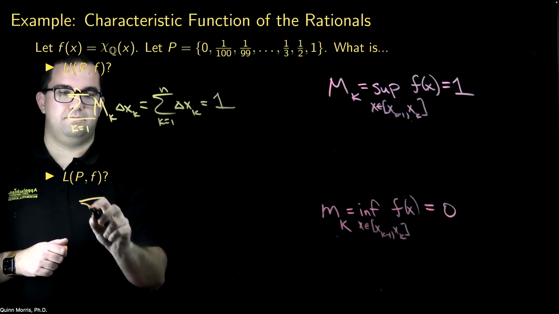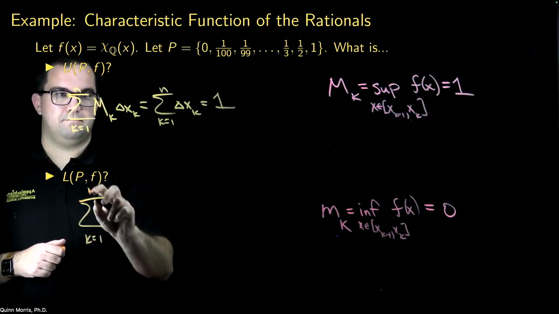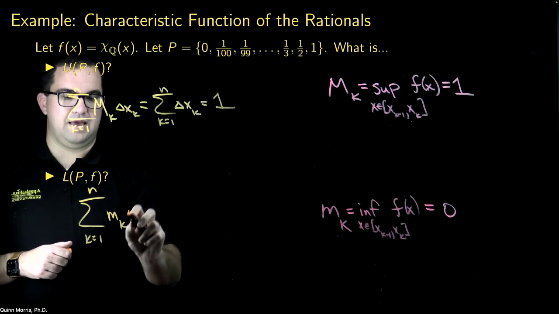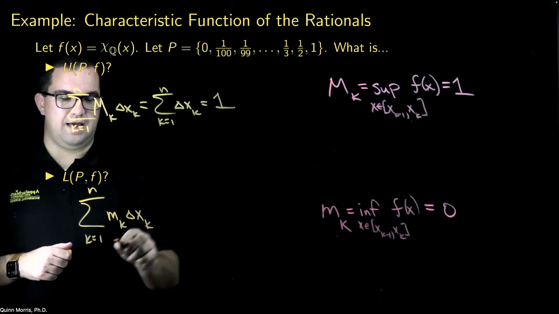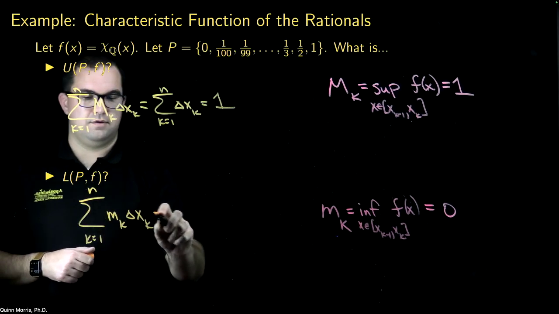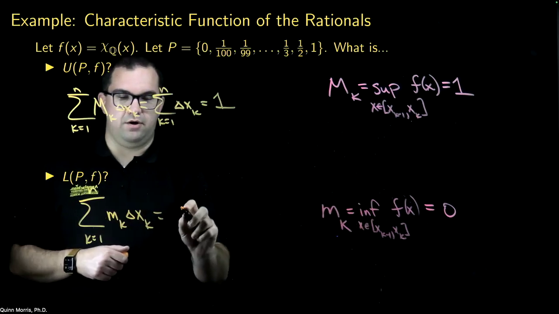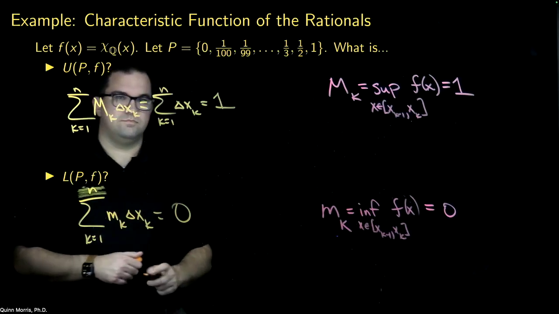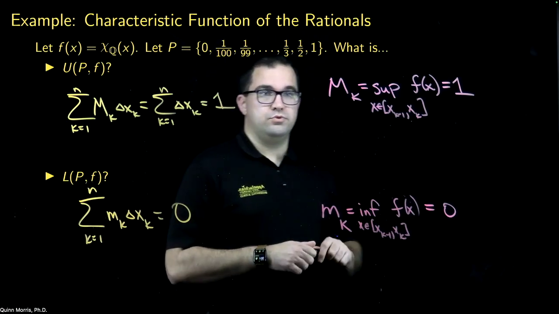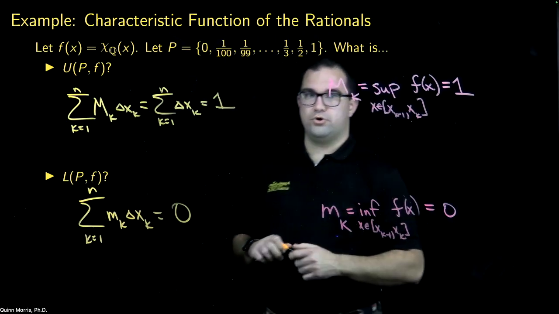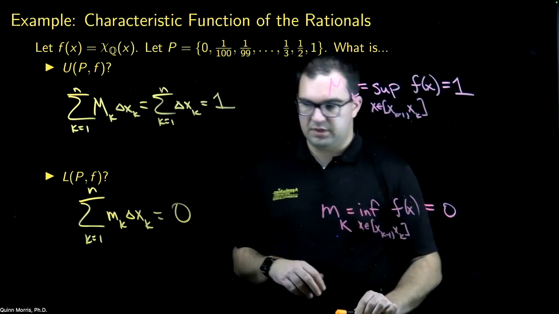My lower sum is just my little m sub k's times delta x sub k added up for k equals 1 to n, but each of these little m sub k's is 0. So I get that my upper Darboux sum is 1 and my lower Darboux sum is 0.